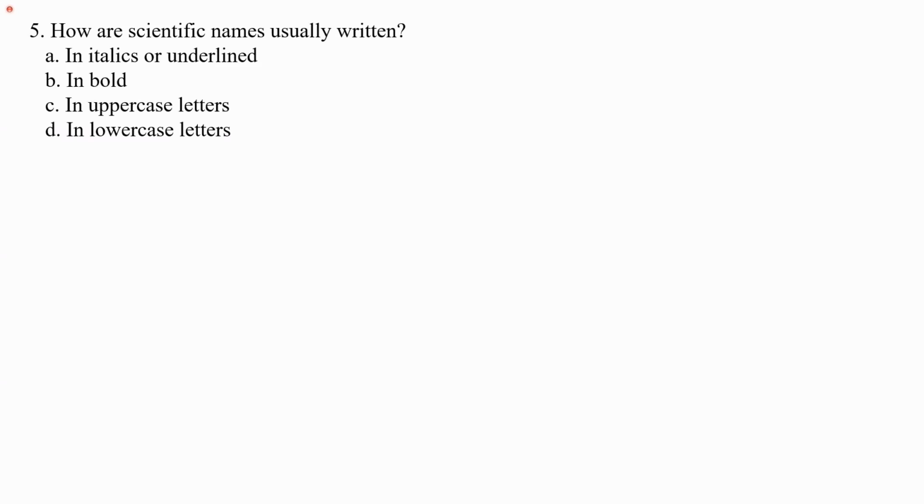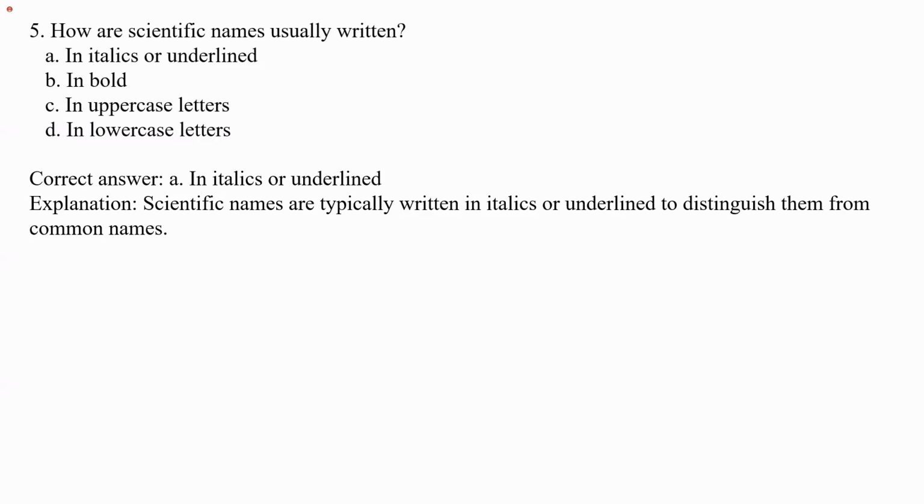Whenever we write a scientific name, it should either be underlined if we are writing it on paper, or italicized to show its Latin origin. So scientific names are typically written in italics or underlined to distinguish them from their common names.